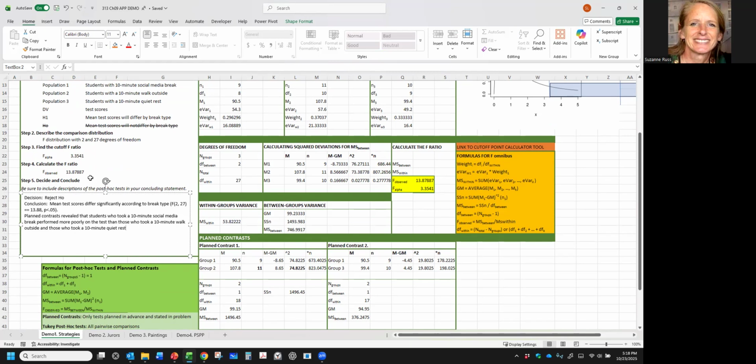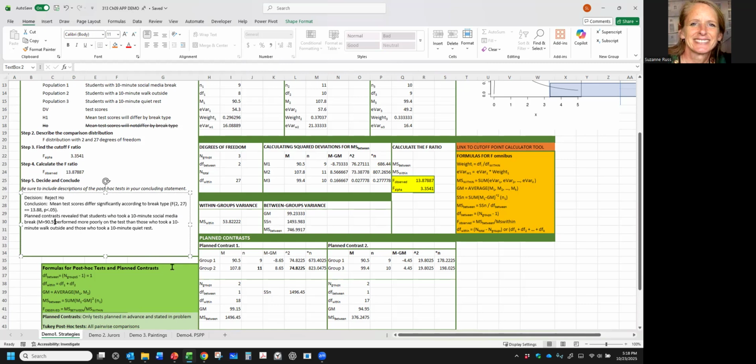Now, we're going to put a couple of scores in here. This is what the sentence looks like, but let's tell what these means were. Students who took a 10-minute social media break performed more poorly on the test. And right here, after the social media break, let's put the mean for that group. M equals, and for that group 1, it was 90.5.